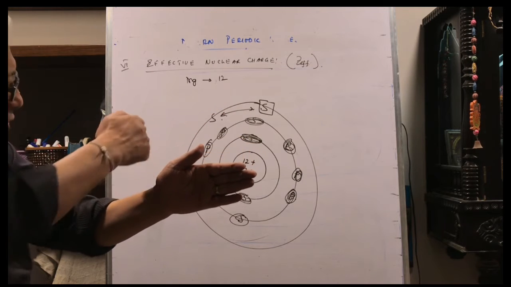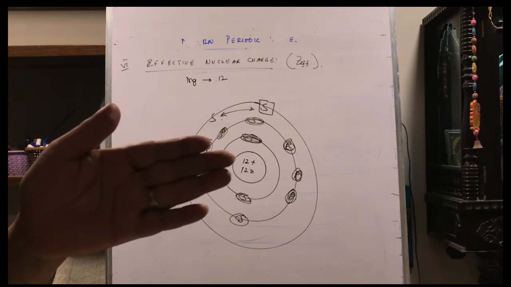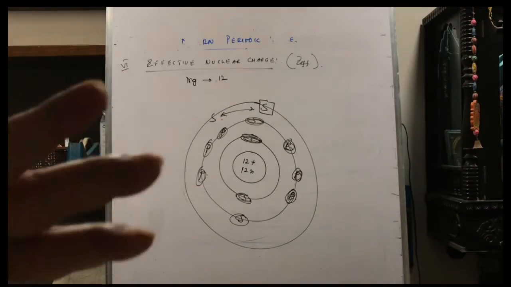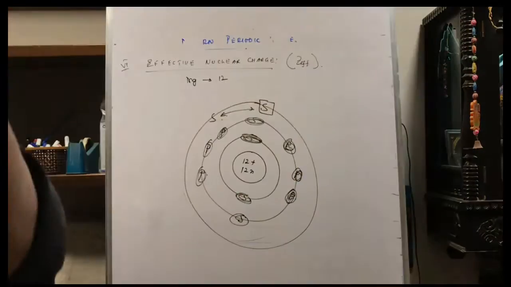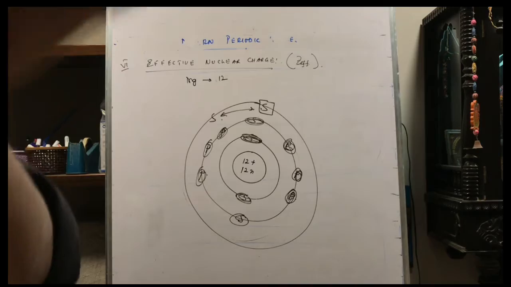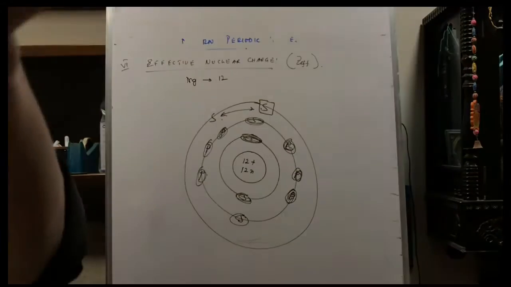Your vision is becoming lesser. If it is brought here, then your vision has become even lesser, and when it is coming here, your vision of the board is almost not there. So that is an indication that the closer the barrier of the electrons, the more effectiveness in the shielding of the outer shell electrons.